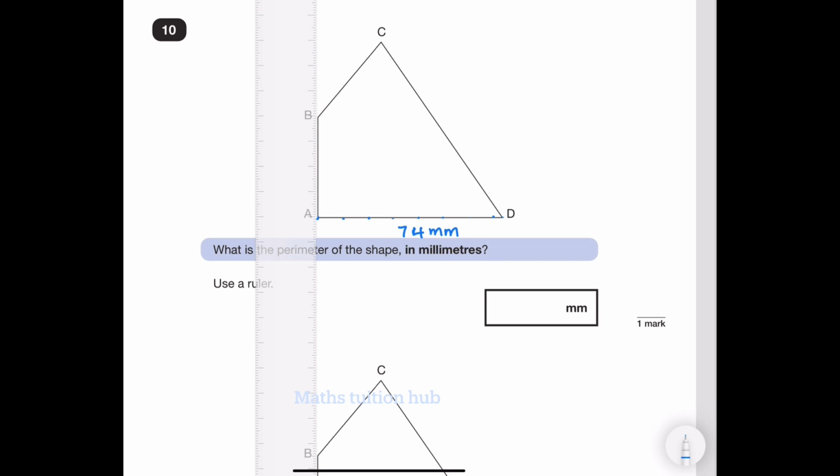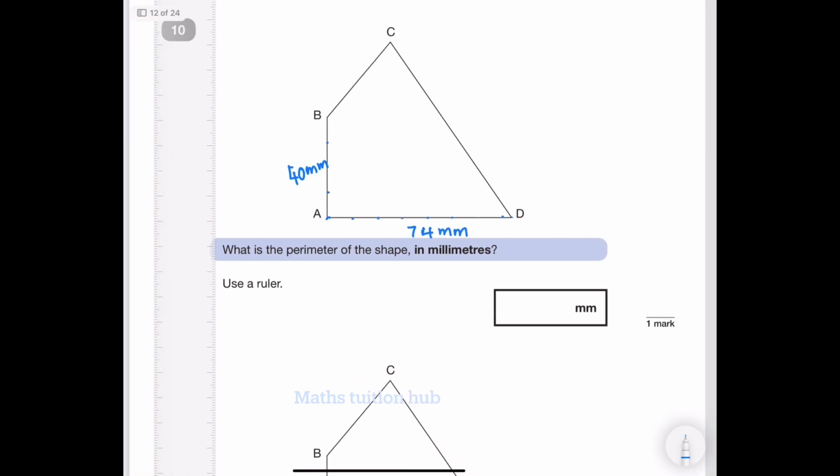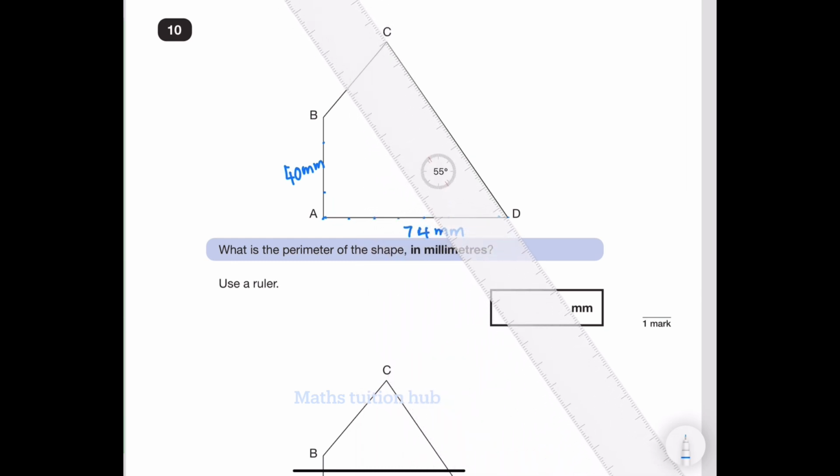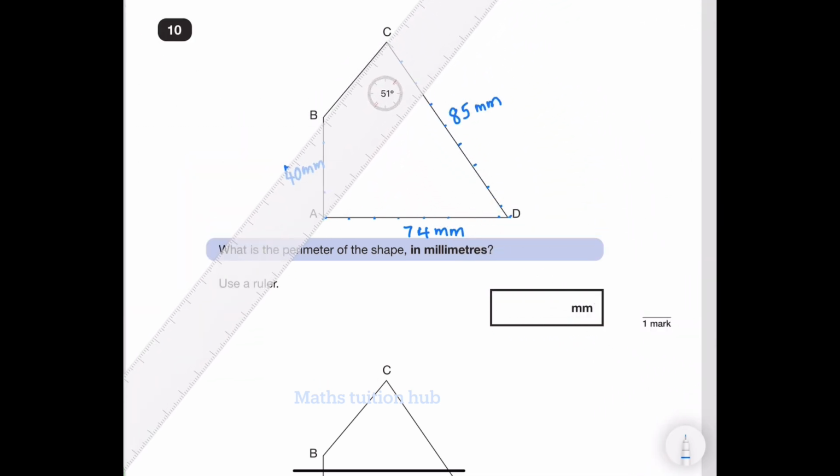So the next line, 40 millimeters. This one is 85 millimeters, and we measure the last line, the BC line.